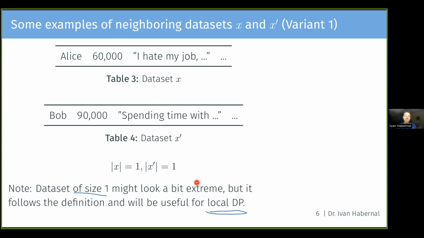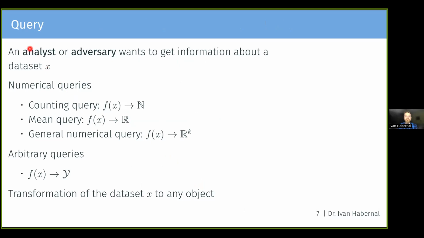So then let's move on, because we have a data set and we're going to do something with it. For example, do some queries or apply some function on this data set. So in the terminology of differential privacy, we are an analyst, or at the same time, we are the bad guy. We are the adversary as well. So we want to get some information about data set X. So for example, we want to ask some queries.